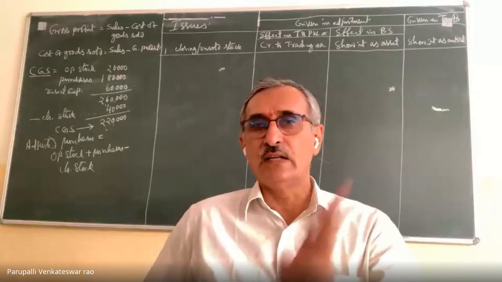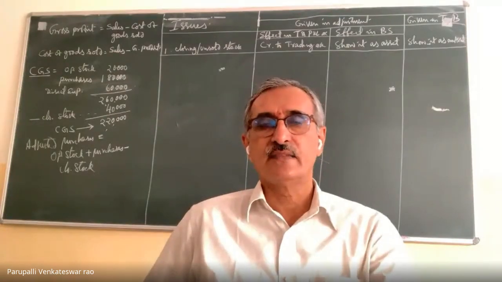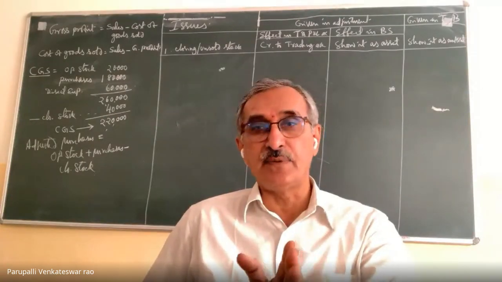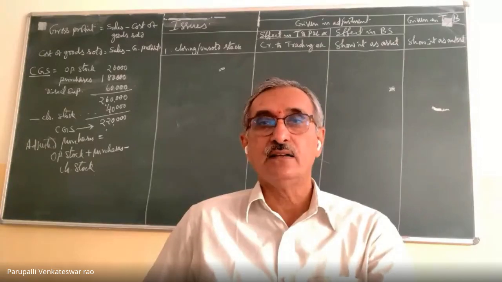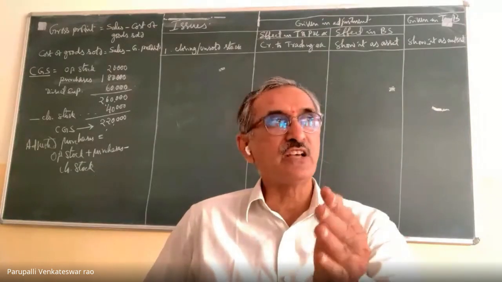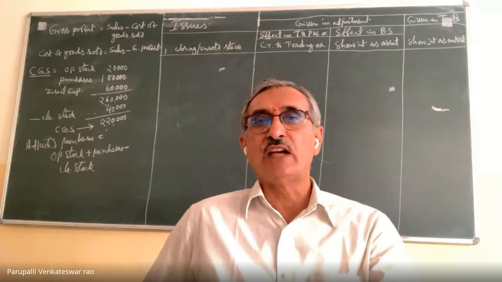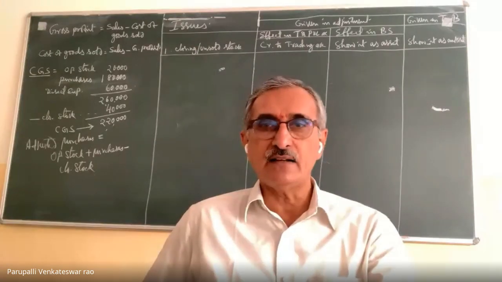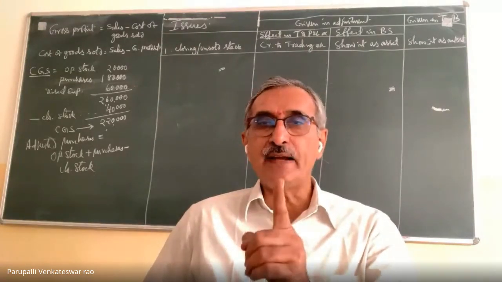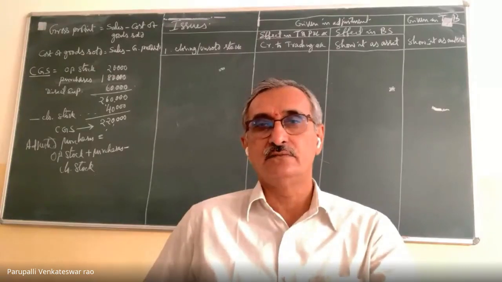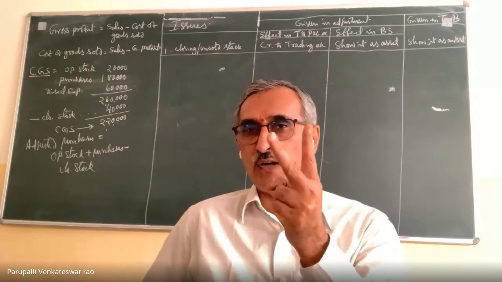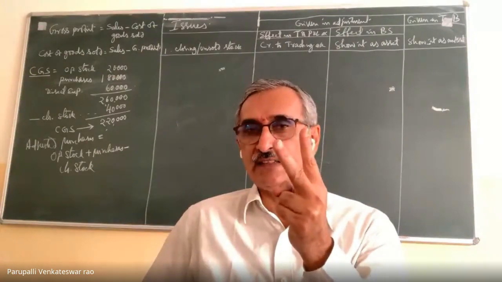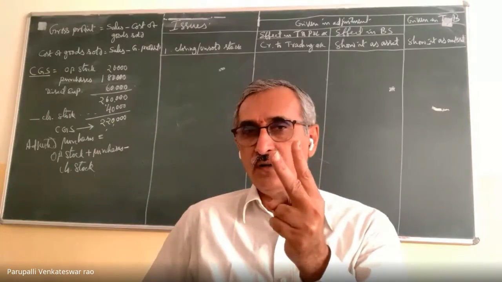Example, I told you one is closing stock. There is any expenditure payable. Like for example, salary is payable. So salary is an expenditure on one hand. It is not paid, so it is a liability also. Salary payable, two issues. What is that? Two aspects in the salaries payable.